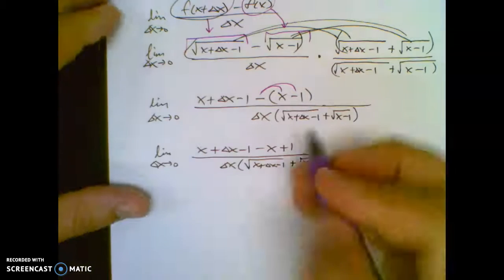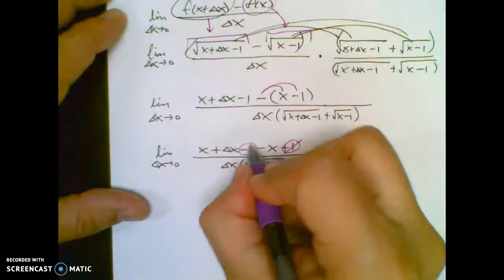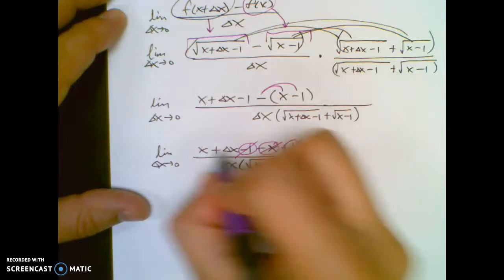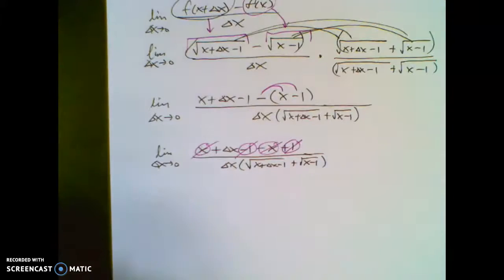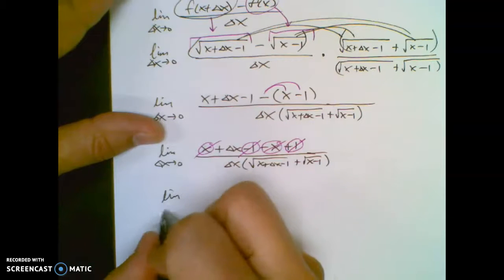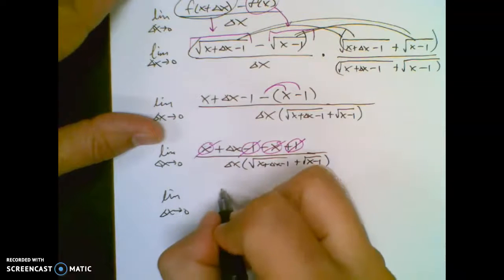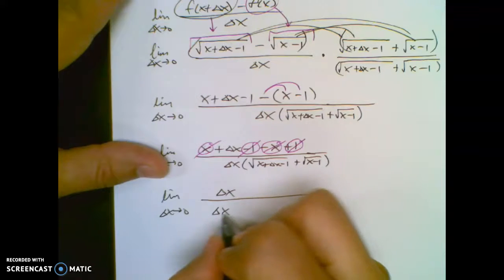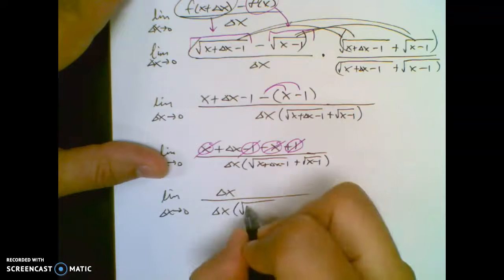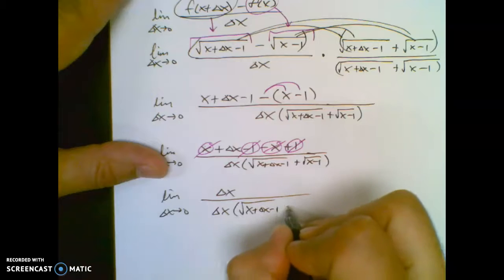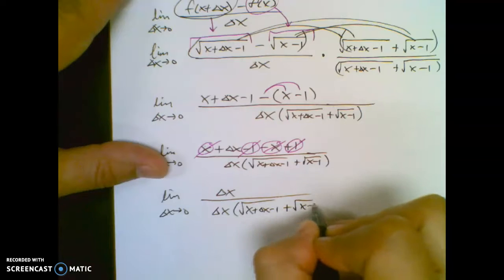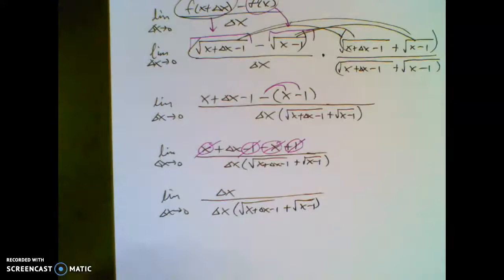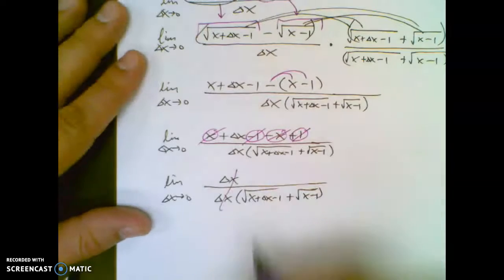Now, I said stuff cancels. Let's check. Plus 1, minus 1, dead. Minus x, plus x, dead. What comes out? The limit as delta x goes to 0 of delta x on top, and on the bottom, delta x times radical x plus delta x plus radical x minus 1. And then stuff cancels. Woo!